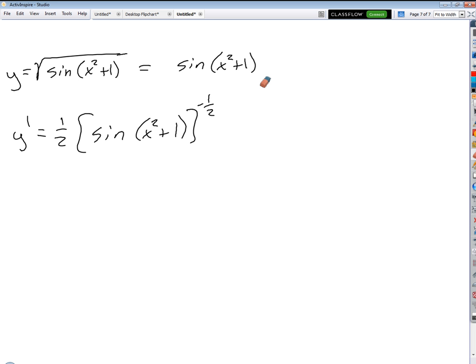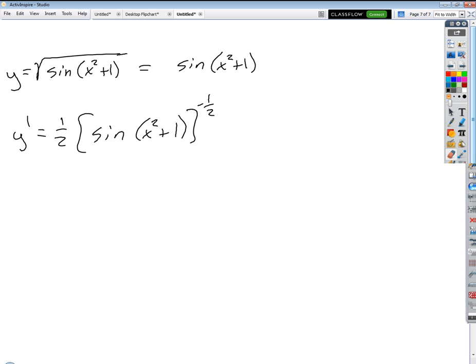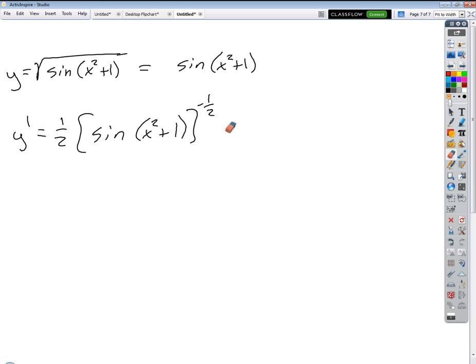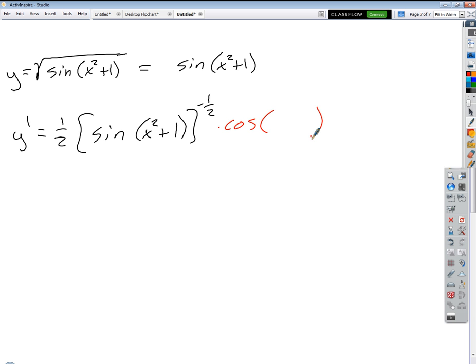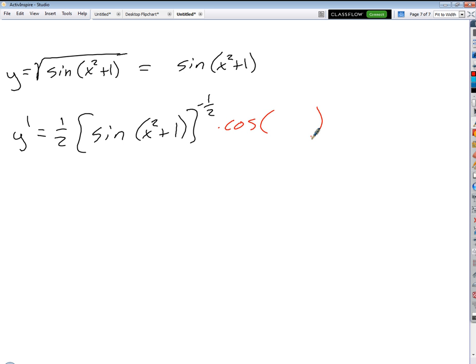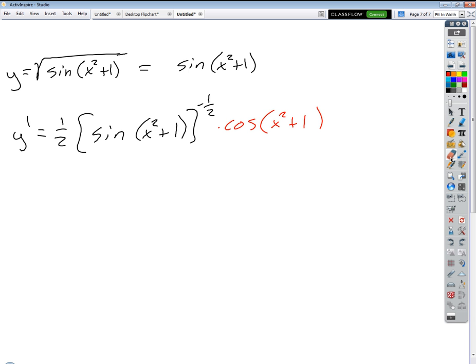So what's the derivative of sine of hand? Cosine of hand. Okay, so we're gonna multiply by cosine of hand. What's hand? Well, it's an x squared plus 1, so we just did the next layer.